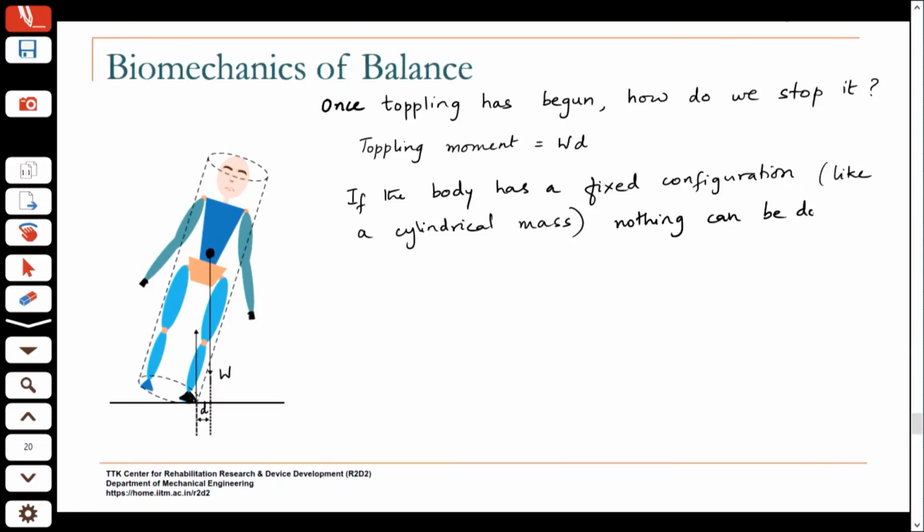It can be done internally. Externally, you can always apply a moment to counteract the toppling moment and recover balance.